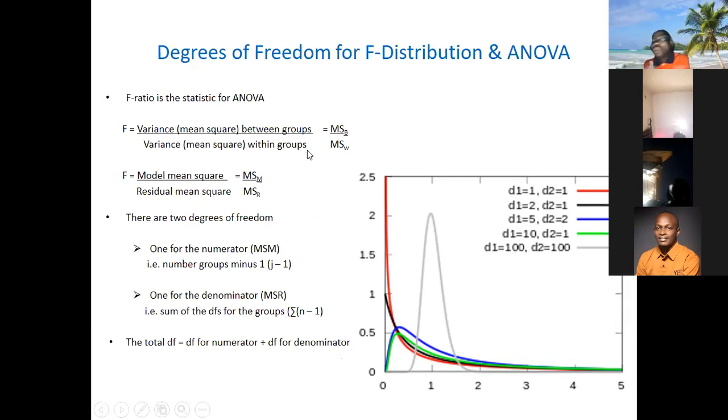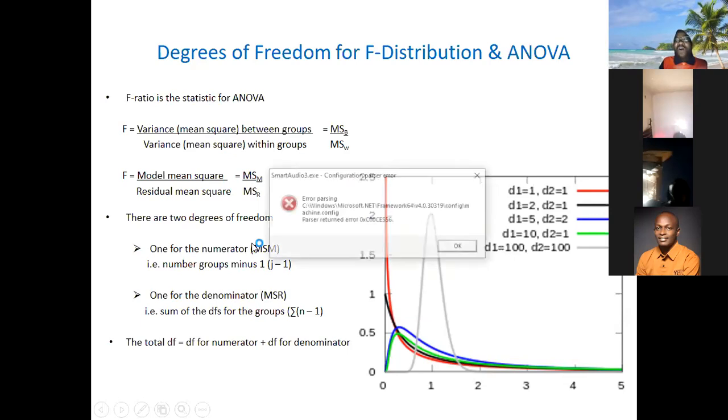Then the 3 groups, I'm just using 3 as an example, have differences between them. So the variance you calculate among the 3 groups is the variance between groups. Dividing variance between groups by variance within groups is the F ratio. Now, what we just want to look at here is actually the degree of freedom aspect of it.